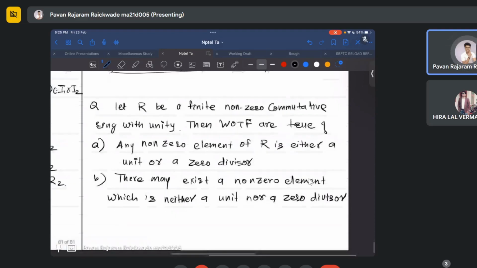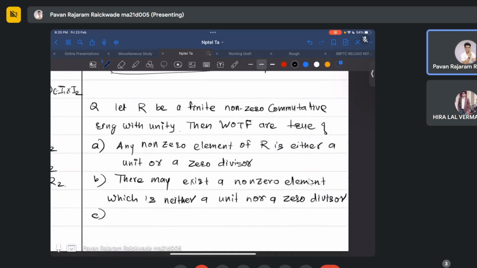Basically, A and B are like negations of each other. C, you have to show every prime ideal of R is maximal. Okay, so let's see.